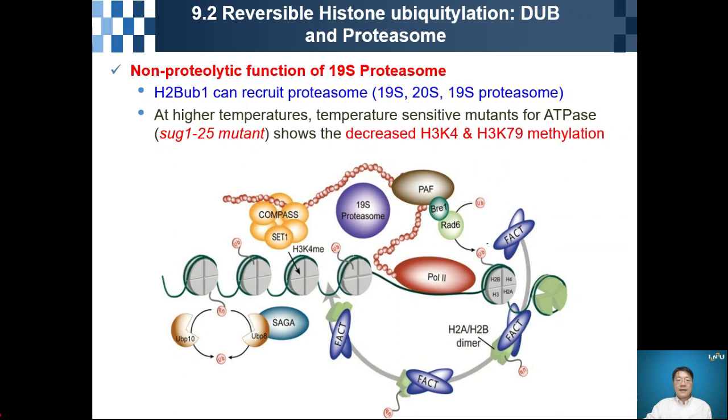So in this slide, I will explain the non-proteolytic function of 19S proteasome. Especially H2B-UB1, the ubiquitinated H2B, can recruit proteasome because proteasome can recognize ubiquitinated proteins.